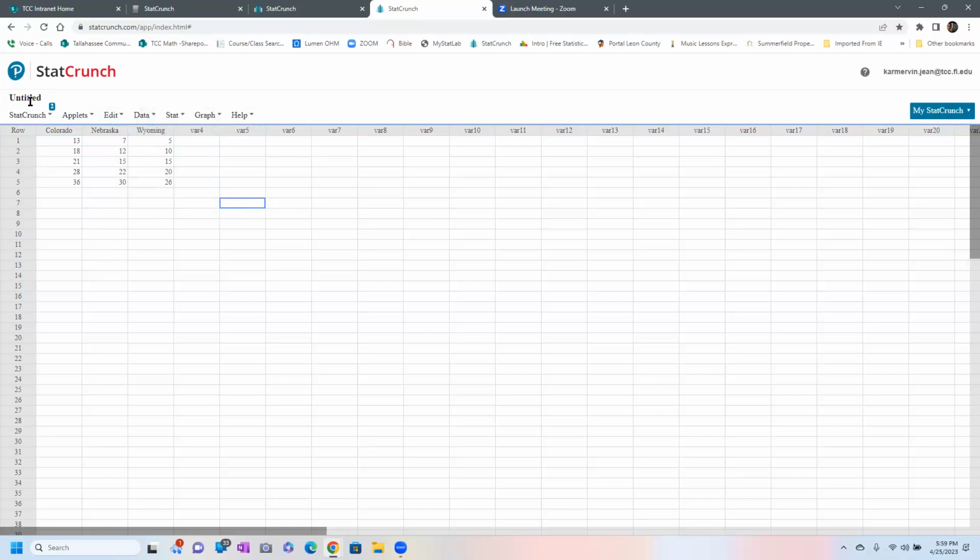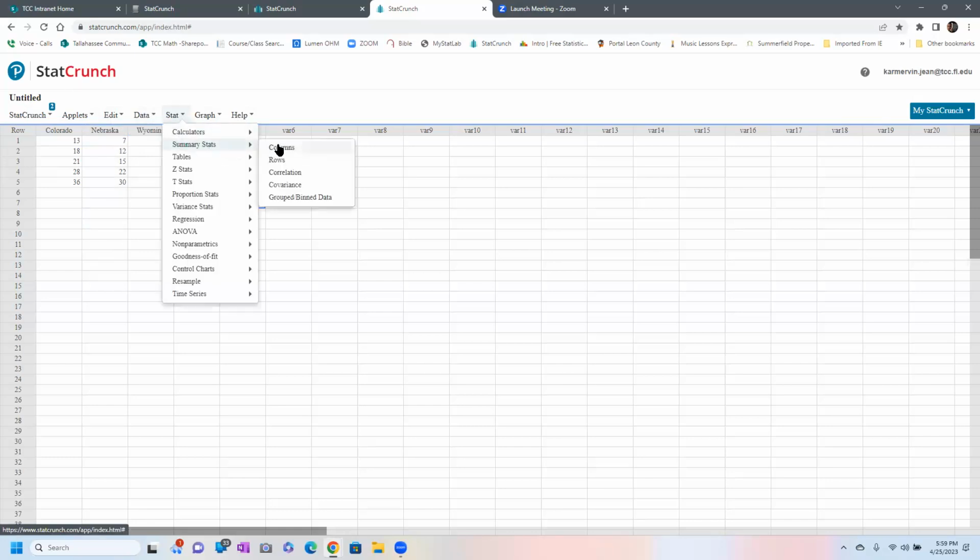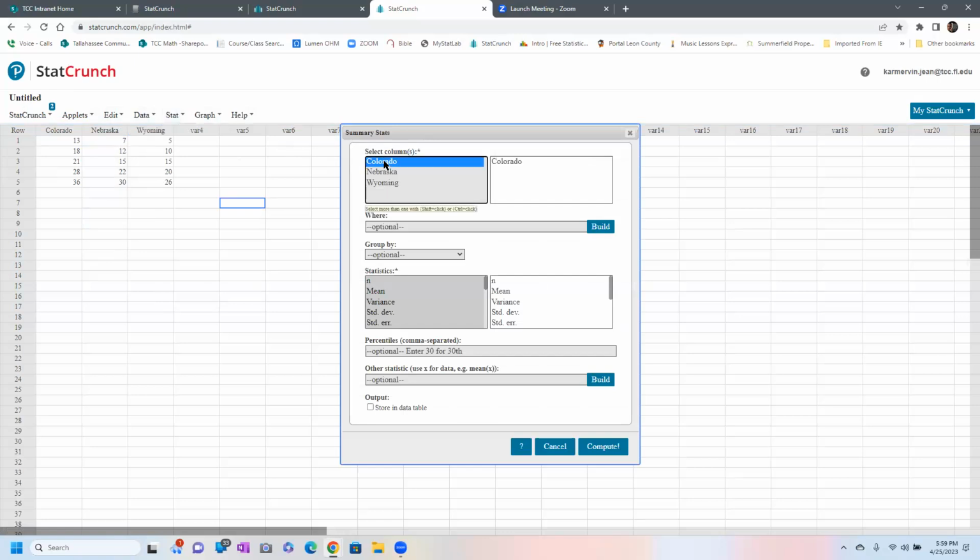Okay, all right. So we're going to do the same thing: Stat, Summary Stats, Columns. Make sure you select everything together. Press shift to get everything inside. If I just need the mean, I press control and then the standard deviation.